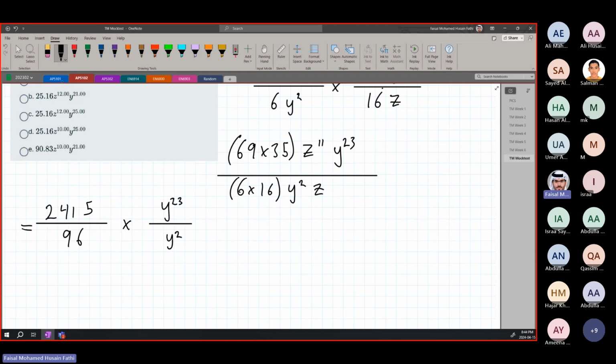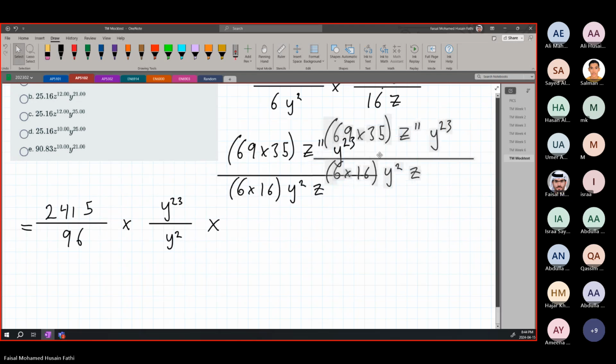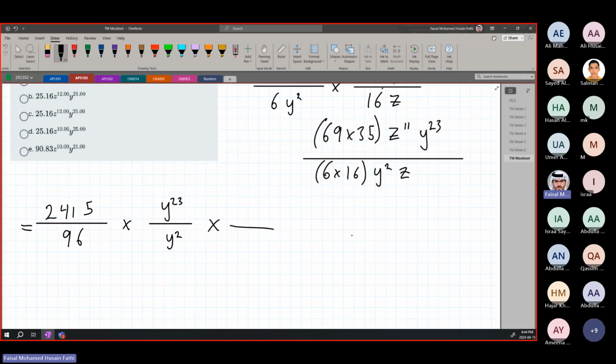We have y2. Times, again, same thing, I'm going to put my z's together. So up we have z11, down we have z. Powers, remember when you have division, this is minus this. Same thing over here, 11 minus 1, so it's minus 1.